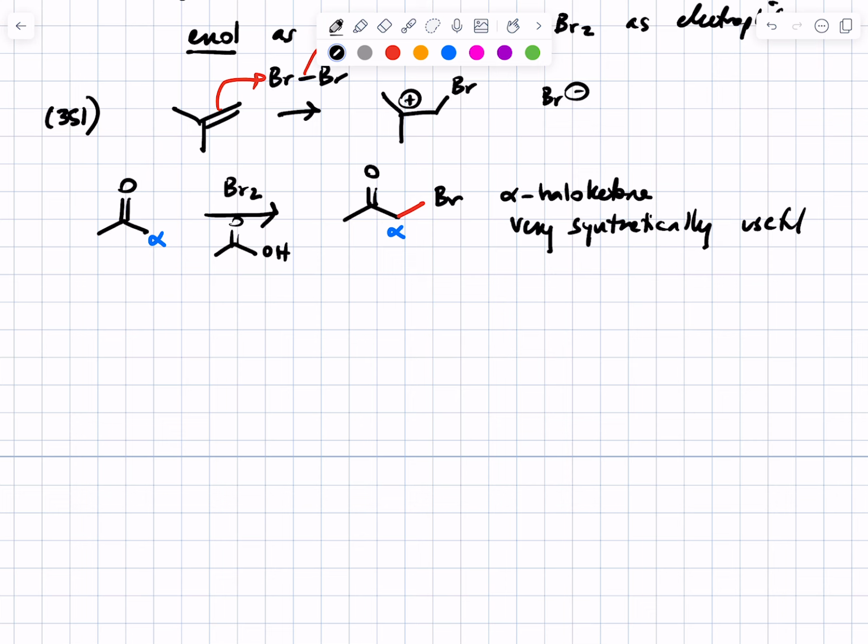So what likely happens first is tautomerization of the ketone to the enol form. You protonate the carbonyl carbon. This should be review because you've done tautomerization before.